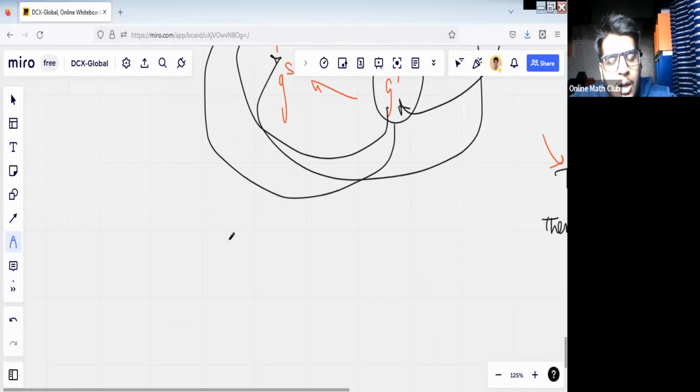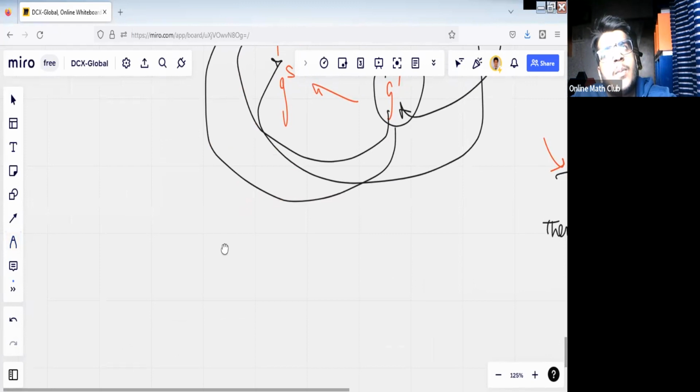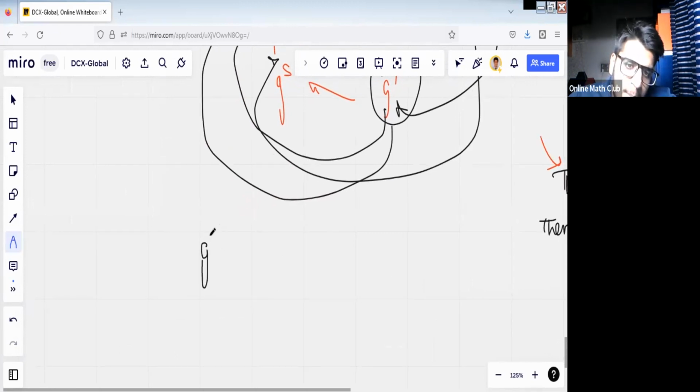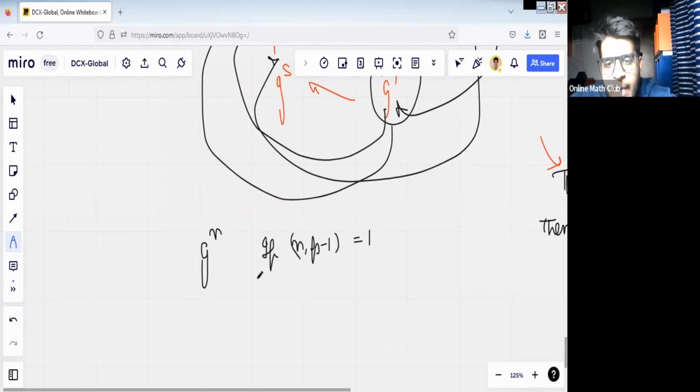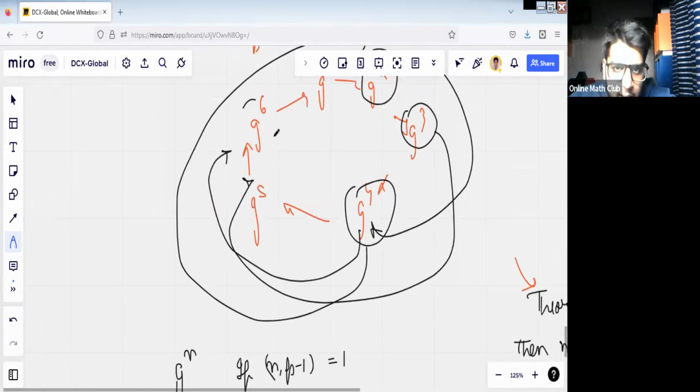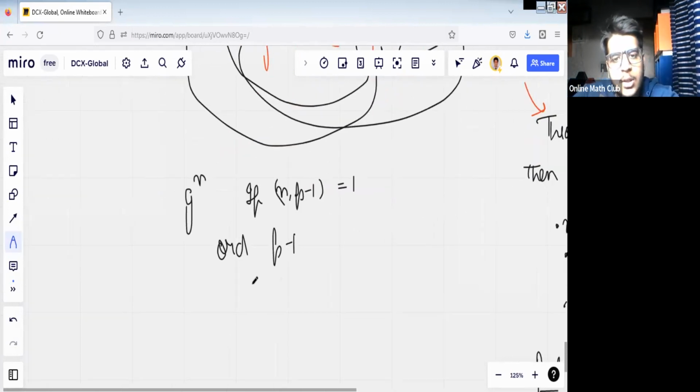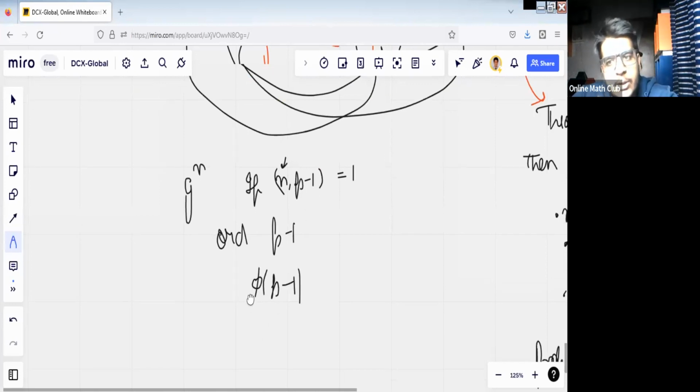Essentially, how do I say this? Whenever you have g to the power n, if n and p minus 1 are co-prime, then the order is exactly p minus 1. Else, you can reach 1 in a smaller number of steps. This should be intuitively clear, I guess. So you just have to count the cases where n is co-prime to p minus 1, which is phi of p minus 1 cases.